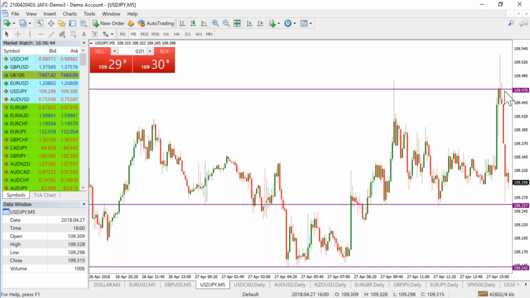The other thing to be aware of is we've had a very bullish week in the dollar index, and we are coming into the Friday session. Traders are going to start unwinding their positions. There's going to be a percentage that don't really want to hold them over the weekend. So all of that is a bit of profit taking.